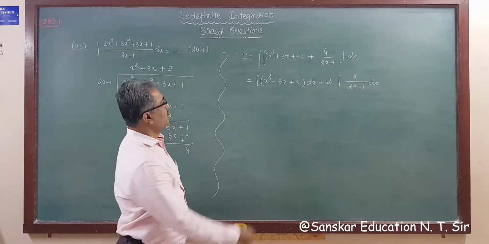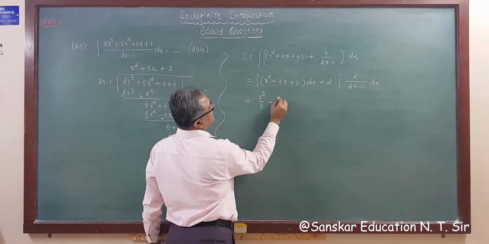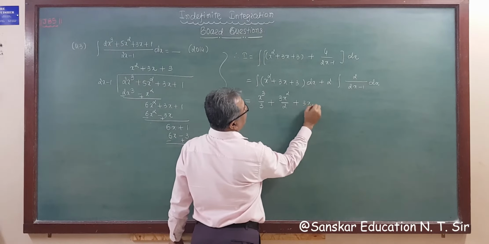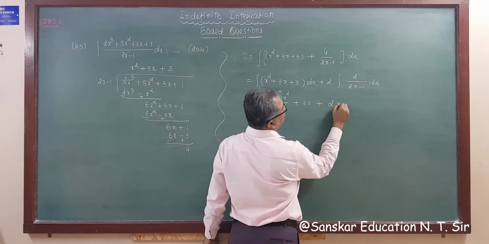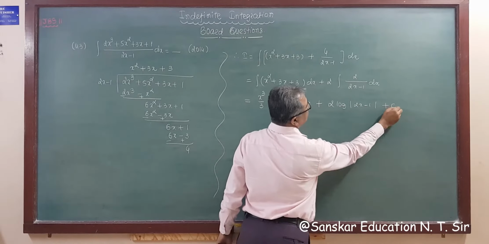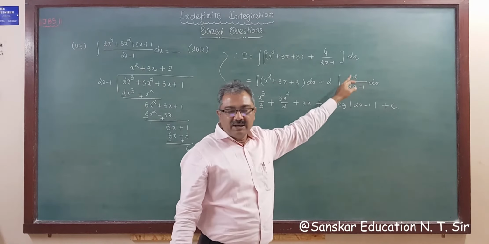Got it? So the answer is x cube by 3 plus 3x square by 2 plus 3x plus 2 times log mod 2x minus 1 plus c, because the derivative of the denominator is in the numerator, as we discussed.